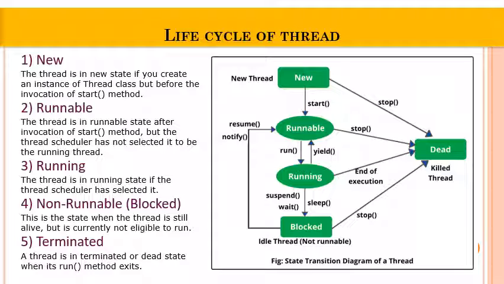So in the right hand side, the figure shows that from every state you can stop your thread and kill the process. That is, the stop method will be executed in every state.